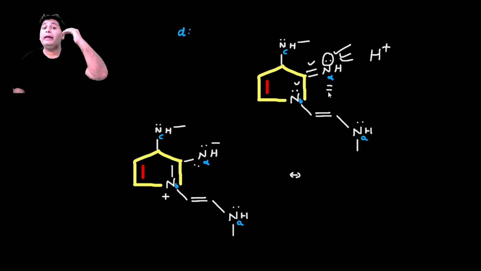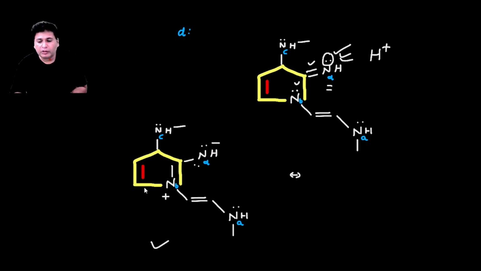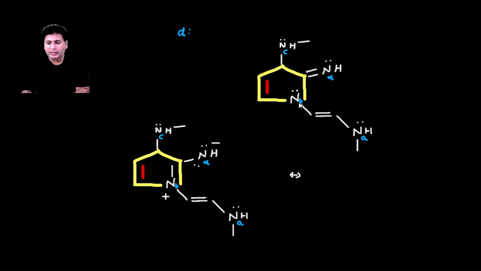The more important aspect is yet to come, and I have shown it in this resonating structure. Now students, you can see I have made one resonating structure. How? You can see how I have made this resonating structure from this diagram. You understand there is a lone pair on nitrogen number B, which is in conjugation with this double bond, as you can see.